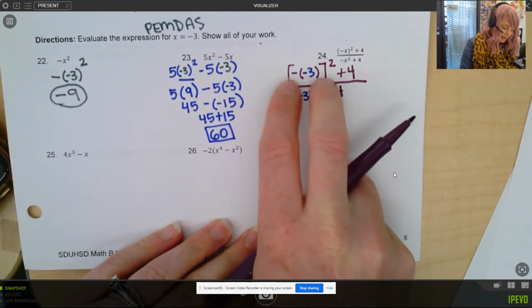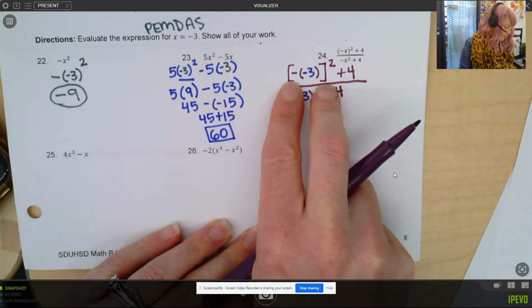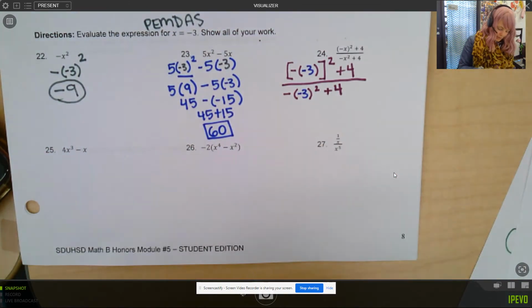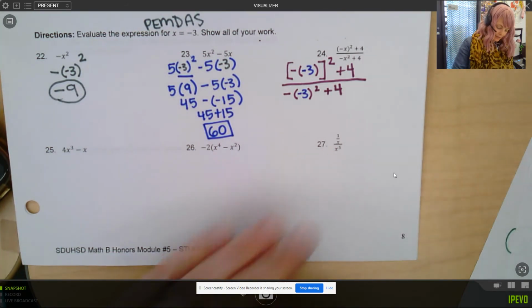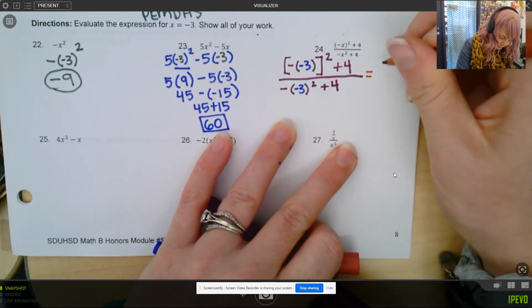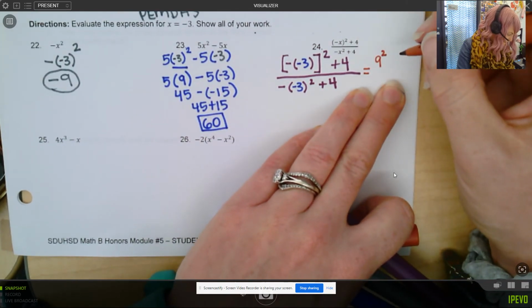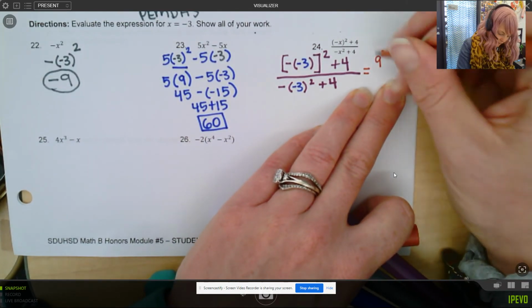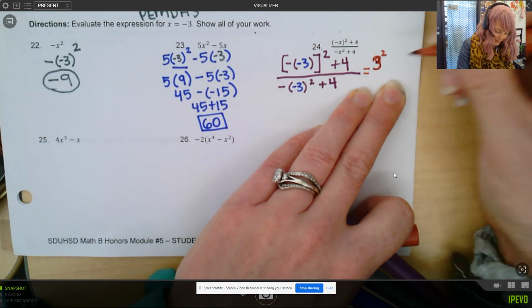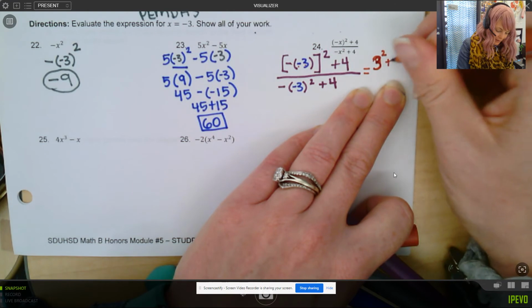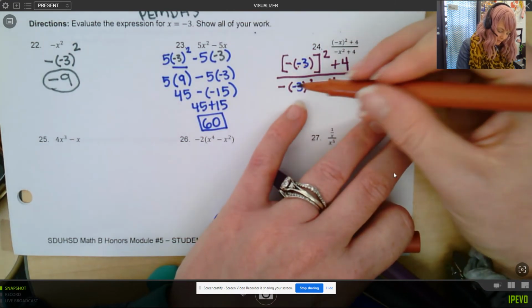Inside these parentheses we have to work first, this grouping symbol, and a negative times a negative is a positive. So we are going to have this equal to 9 squared. Sorry, 3 squared. I was thinking ahead to the next step. Negative times a negative is positive, so 3 squared plus 4 over.